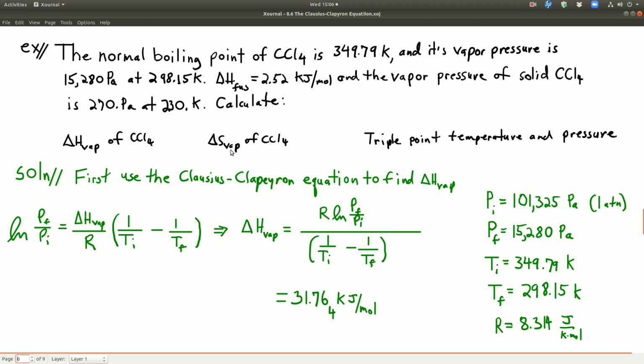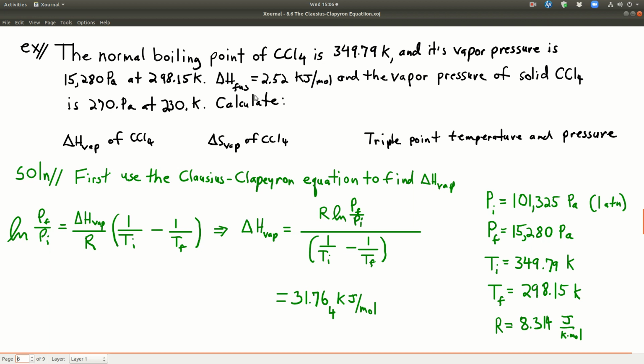So first thing we're going to do is get heat of vaporization using the Clausius-Clapeyron equation. So there it is, and I've done what I just talked about a minute ago, guys. I just brought that negative sign inside the parentheses, and these terms switch places. Rearranging the equation to solve for heat of vaporization, you get this. With the Clausius-Clapeyron equation, we need two vapor pressures and two temperatures.